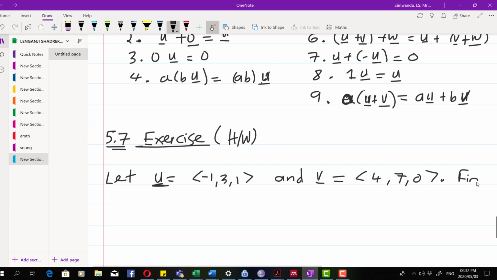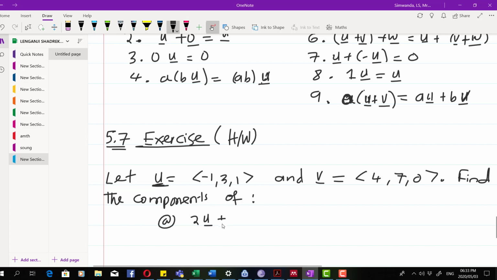The question is, find the components of the following vectors.